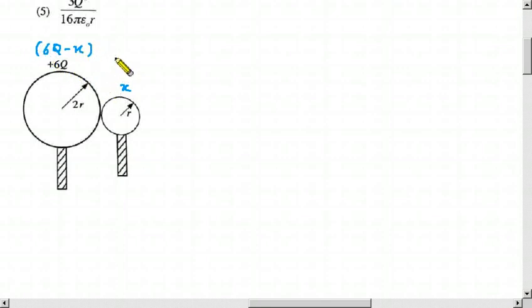After touching, the final charges are like this at equilibrium, so the potential is now V and V equal.